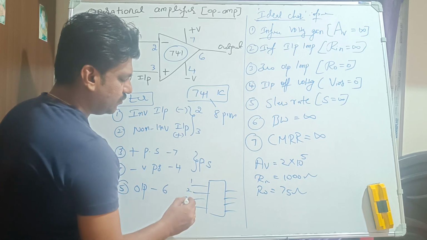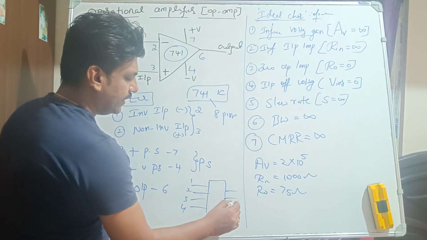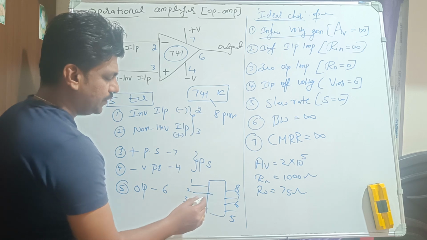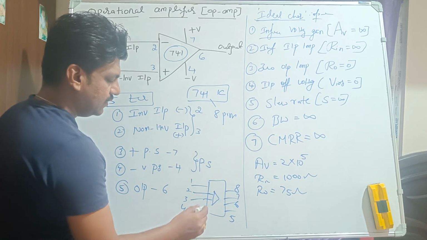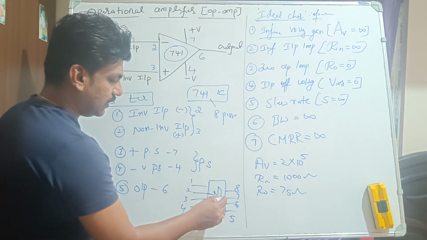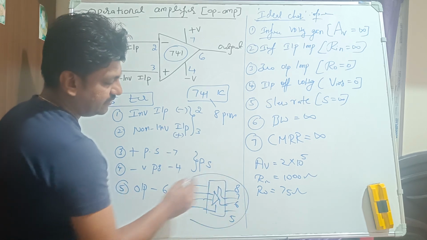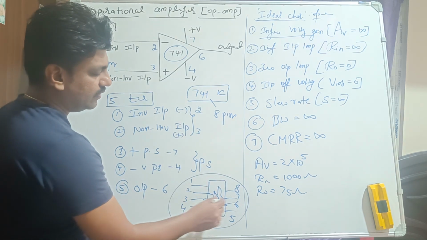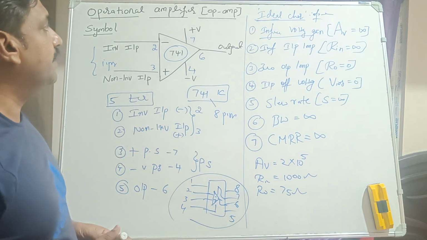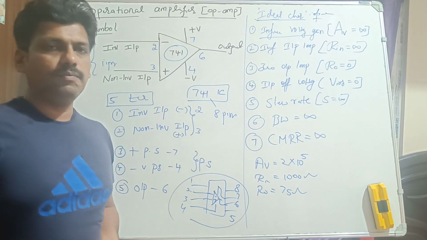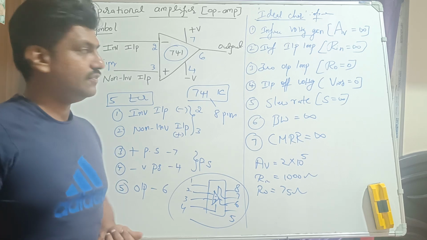Out of that, pin number 2 and pin number 3 are inputs, pin number 7 and 4 are power supplies, and output is pin 6. The IC looks like this, internal configuration. That is what the video is about. In the next video, you will see op-amp parameters and op-amp configurations. Thank you.